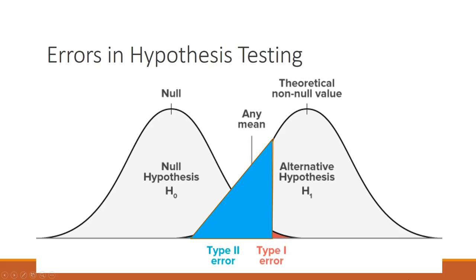But if you set yourself at such a high significance level, that would imply that there's a really high chance of committing a type 2 error. It's much more likely for you to fail to reject the null hypothesis when in fact the null hypothesis is false.